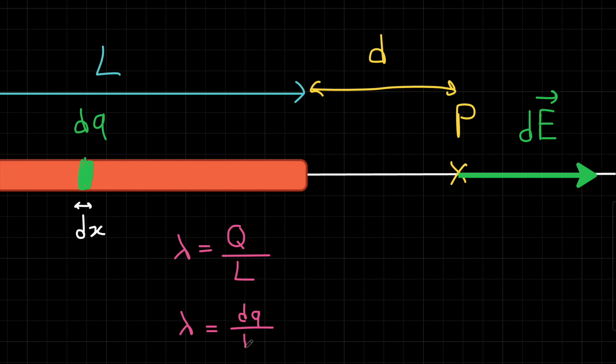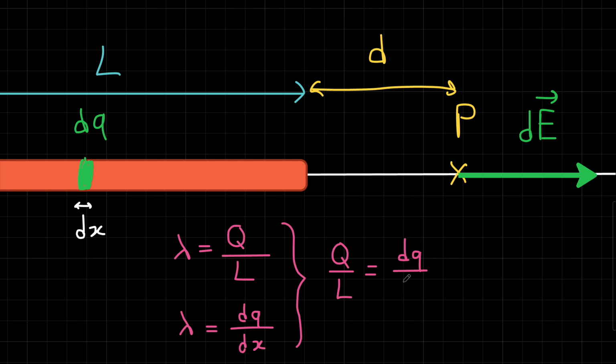The total charge on this small piece divided by the width of this small piece. Combine these two expressions to eliminate lambda, which is a variable we just introduced, so we're going to get rid of it. So set the right-hand sides equal to one another. What do we get? We get capital Q divided by L equals dq over dx.